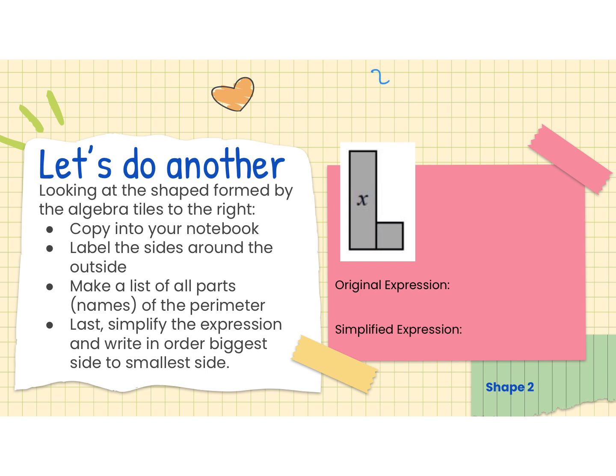So I'm going to start with, I have x, and then I have y, and I have my unit tiles. I'm not going to need the y this time, but I'm still going to put it there. I have my x, I have my y, and then I have my unit tiles. So I have a unit tile all the way around, and then I have my x's over here.